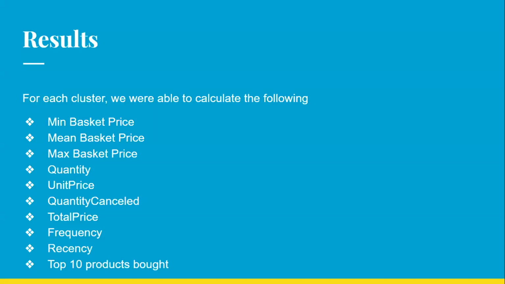We also found out the number of cancelled orders, so we removed those ones. This was part of the data we cleaned. We also found the total amount spent by each customer, how frequently they purchased, and the top 10 products bought in each cluster. So with the top 10 products bought, the e-commerce store will be able to predict the kind of purchases each group will make for the following year.